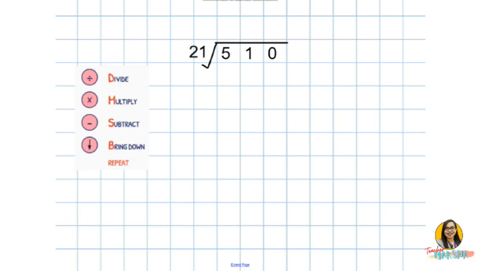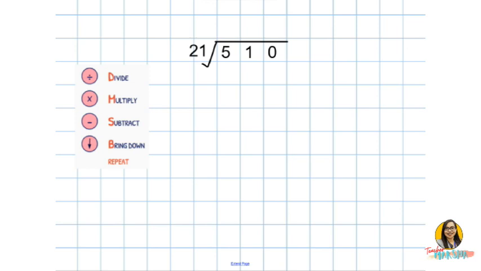Let's have another example. 510 divided by 21. So obviously we cannot divide 5 by 21 because 5 is smaller than 21. So let's go ahead and include the next digit in the dividend, which is 1. So now we've got here 51 divided by 21. So how many groups of 21 are there in 51?